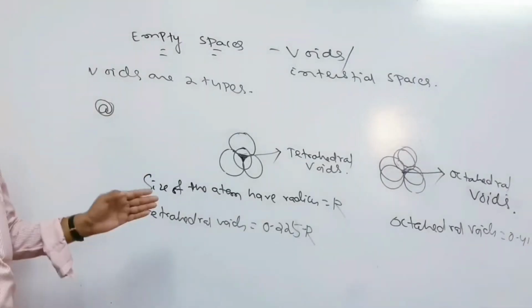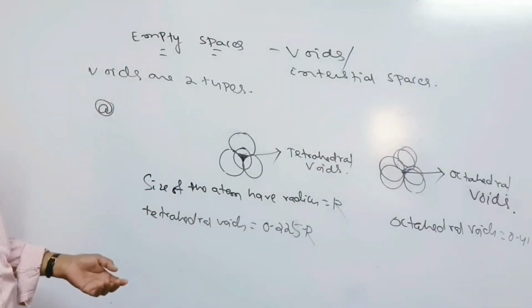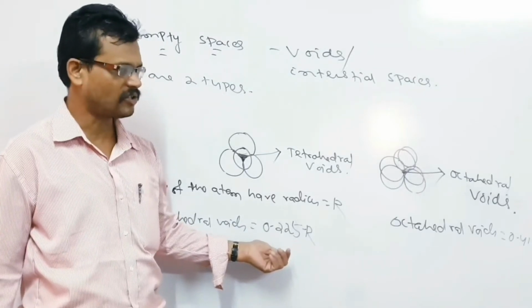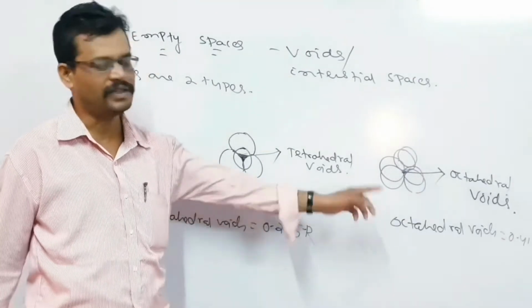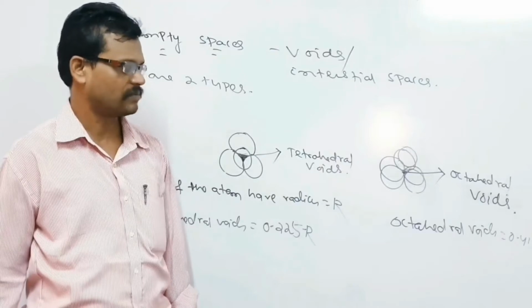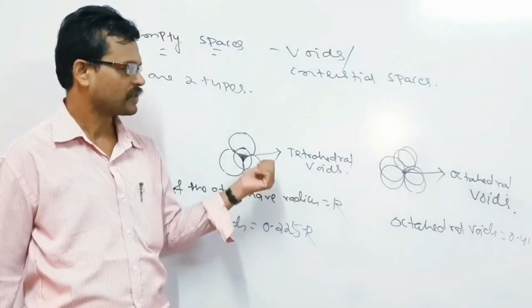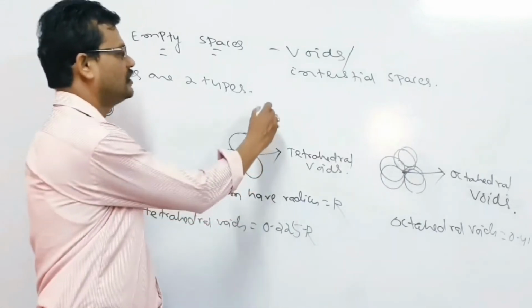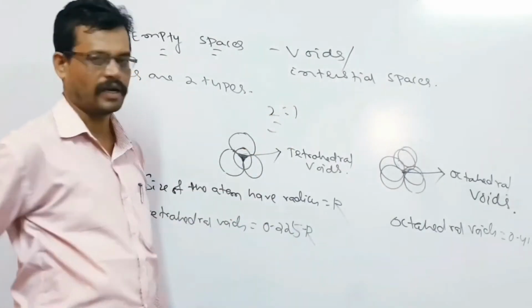Generally, the number of tetrahedral voids in a particular solid is double that of the octahedral voids. That means the ratio of tetrahedral voids to octahedral voids in a solid is 2:1.